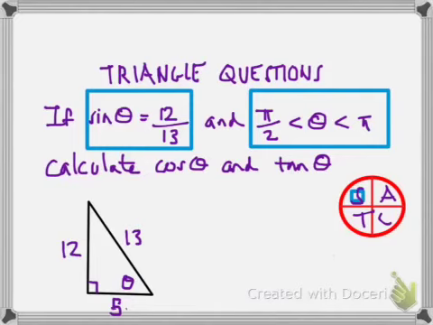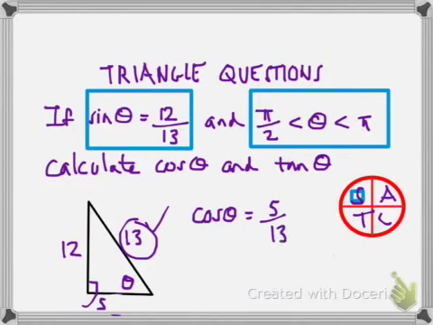We've got our triangle. We know that cosine is adjacent. Just going to rub that out again there and just sneak the 5 in a bit there. We know that cosine is adjacent, which is 5, over hypotenuse 13. So cosine theta is 5 on 13. But because our angle, our theta, is in second quadrant, cosine is negative in second quadrant, it's got to be negative 5 on 13.